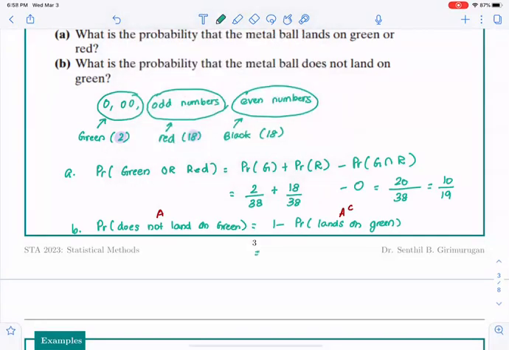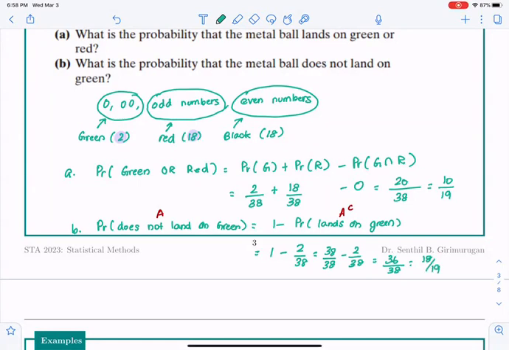So we will have 1 minus, well, what is the probability that it lands on green? Well, 2 out of 38. You could do a common denominator, which will give you 36 over 38, which is simply 18 over 19.